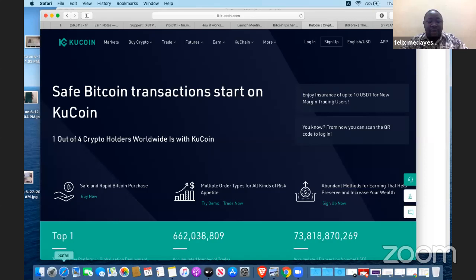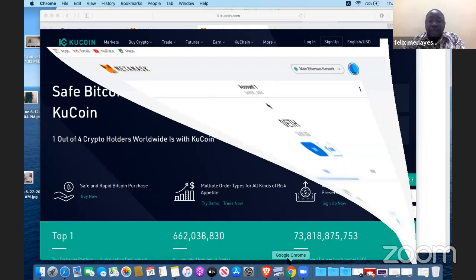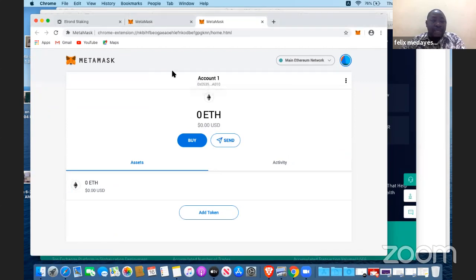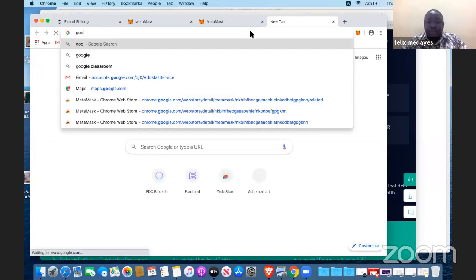Just ensure you have Google Chrome on your system. You can just go on Google and go to the browser. Mine is already on the extension. Ensure you use Chrome, it's compatible with Chrome.